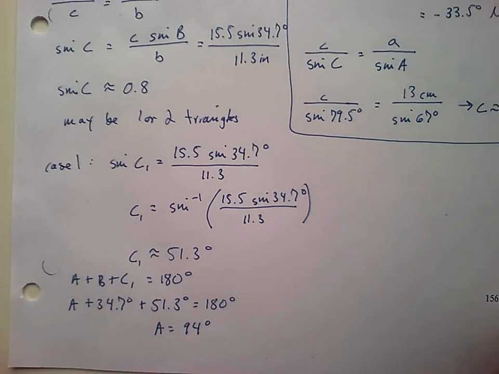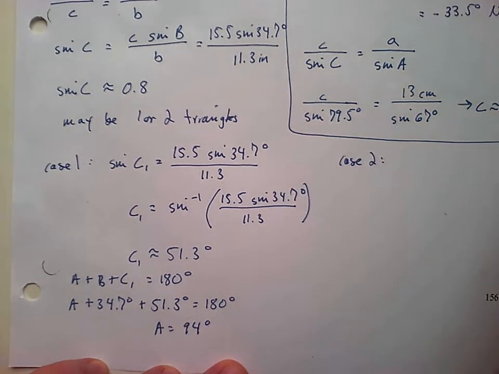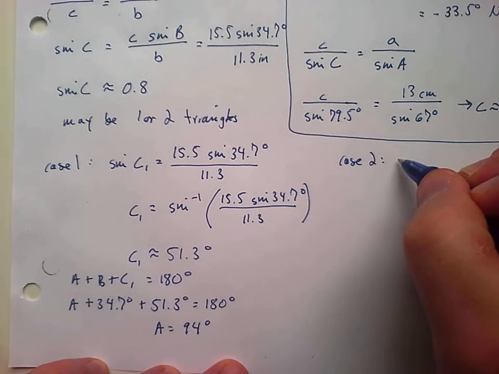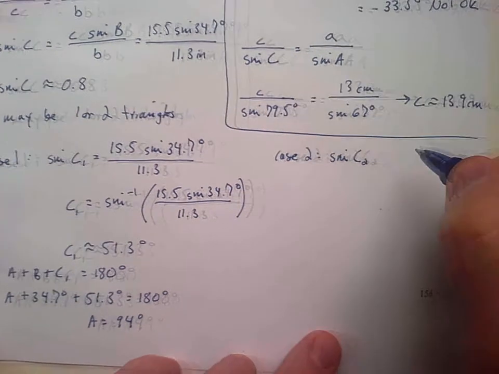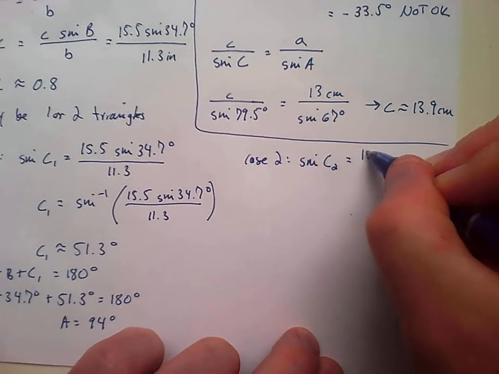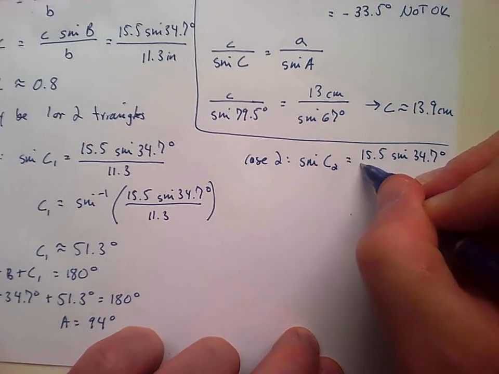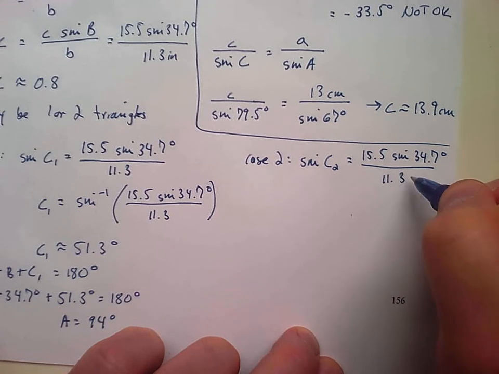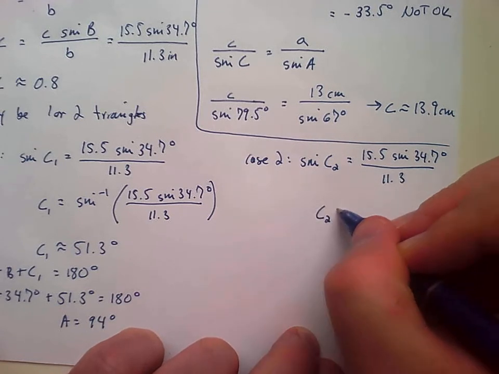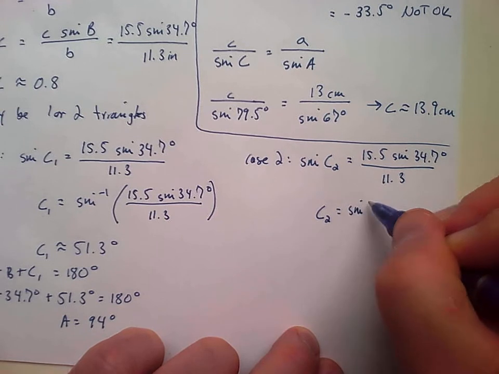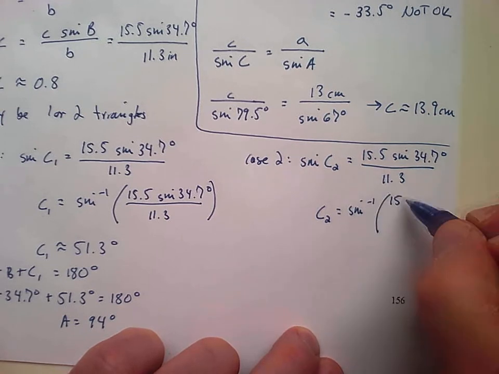Now, we can also have case 2, and that is that I'm going to call this sine of C2 is equal to 15.5 times the sine of 34.7 degrees divided by 11.3. Now, if we take the inverse sine of both sides, we'll get, again, this, just like we had before.